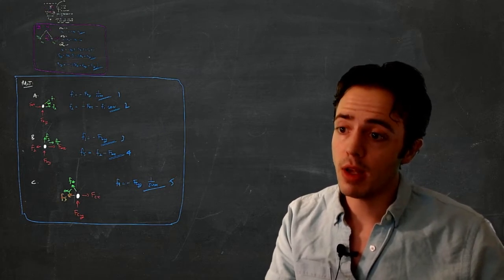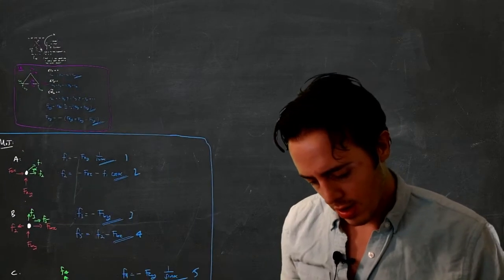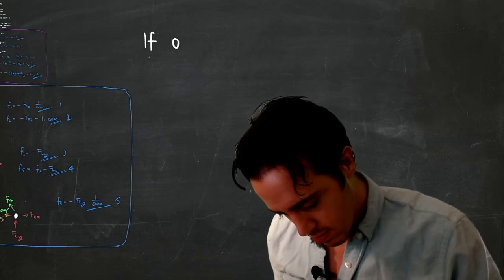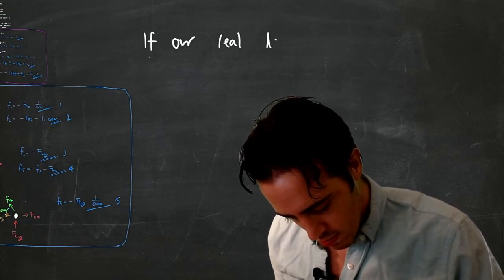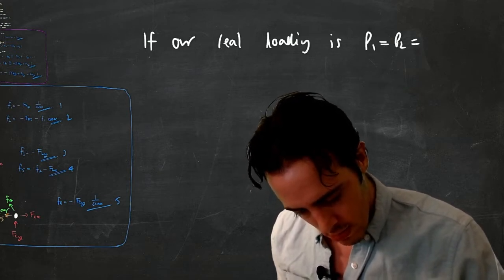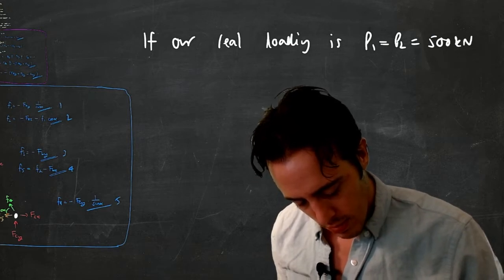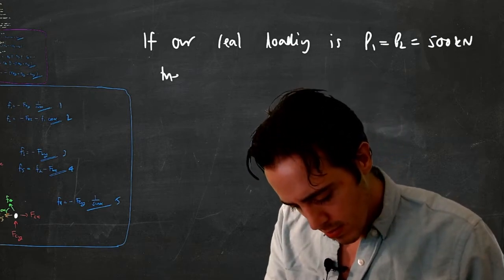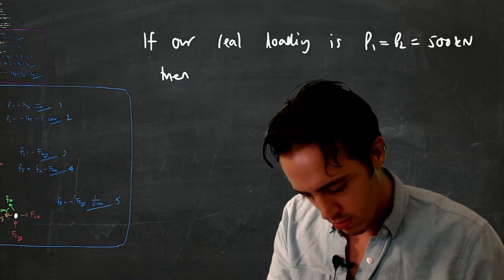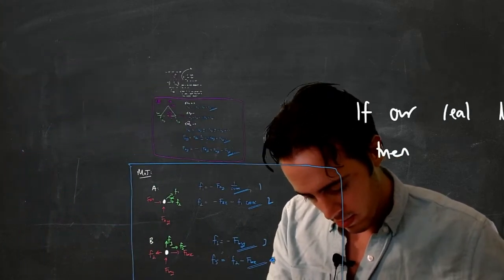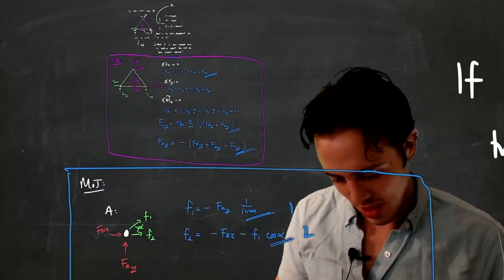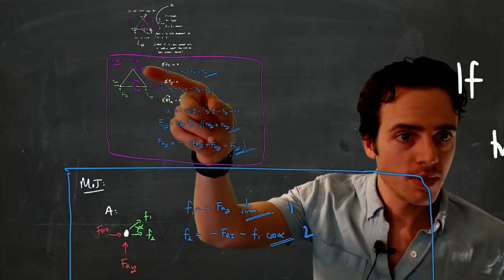If we've got the applied loading of 500 kilonewtons, let's work out our real extensions inside each member. Then that's going to be equivalent to P. Remember, P1 is up at the top.